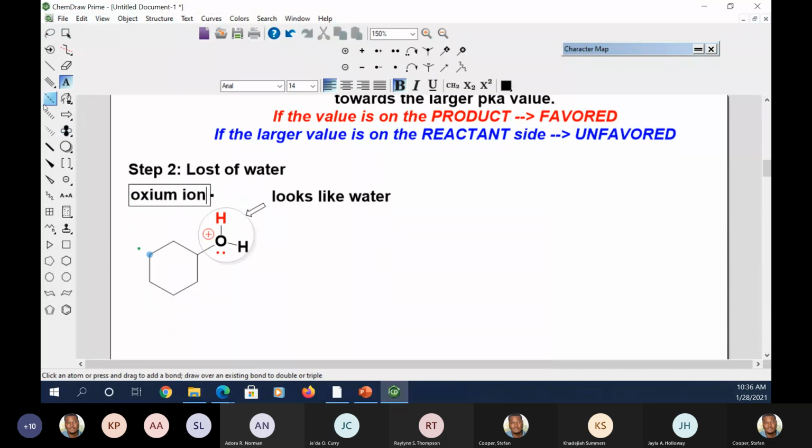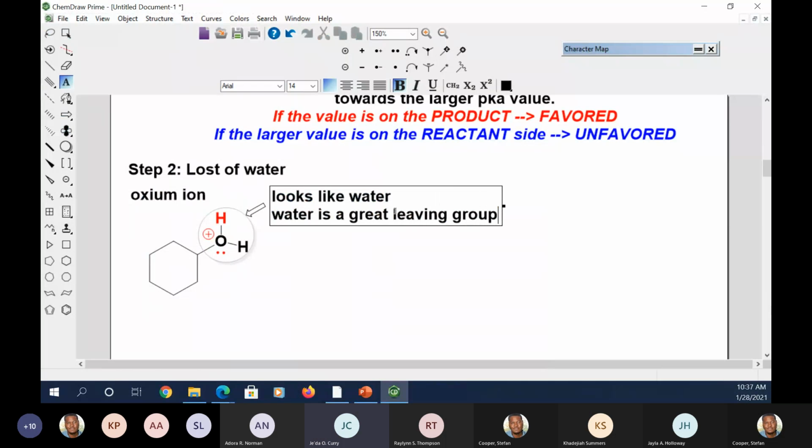So how do you think that happens? How do I lose water? Another way to think about this is that water is a great leaving group. And what do we know about leaving groups? Leaving groups like to leave.